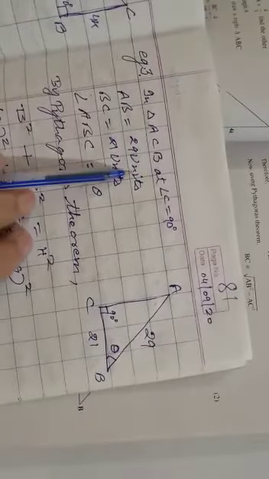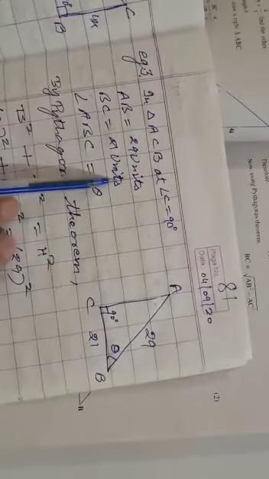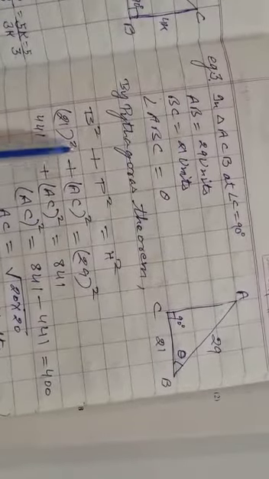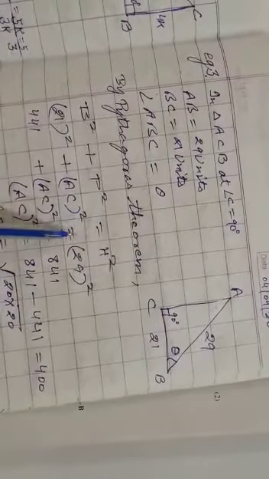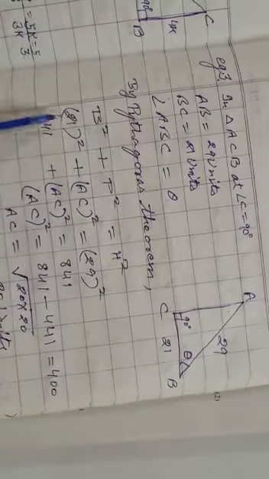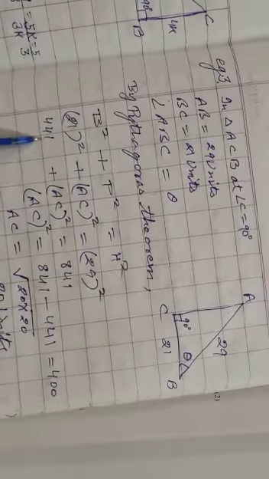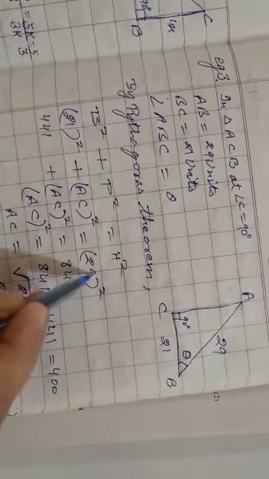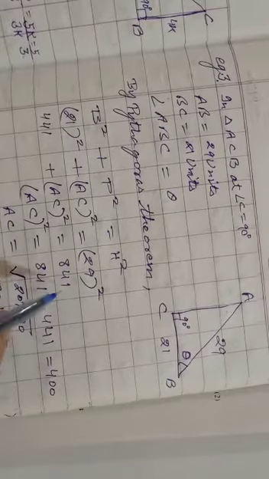Now AB equal to 29 unit, BC equal to 21 unit, angle ABC is theta. This is your given. By Pythagoras theorem, base square plus perpendicular square equal to hypotenuse square. Base is 21, so we write 21 whole square plus AC whole square is equal to hypotenuse 29 whole square. 21 multiply 21 is 441 plus AC whole square is equal to 29 multiply 29, that is 841.